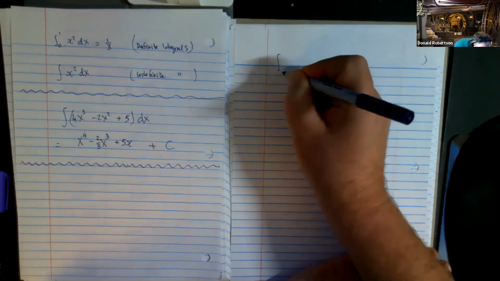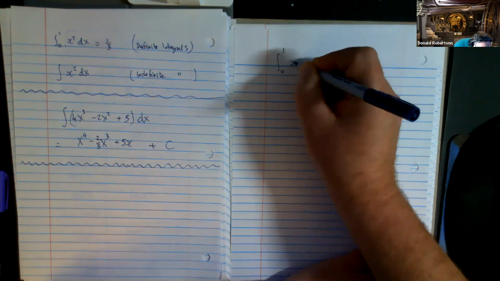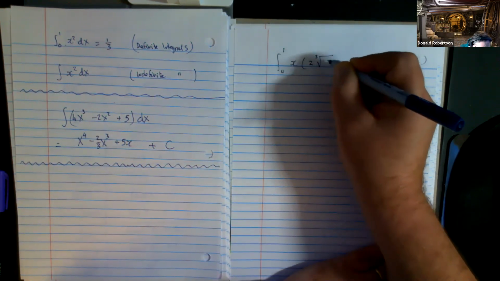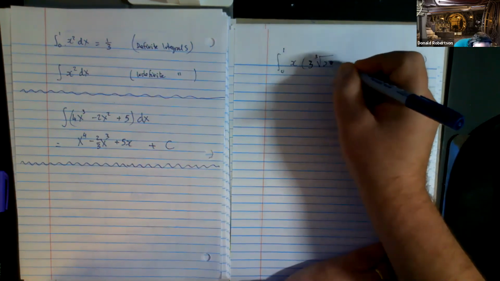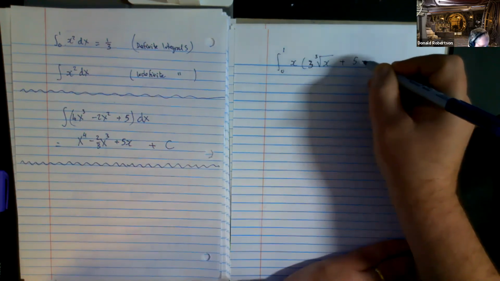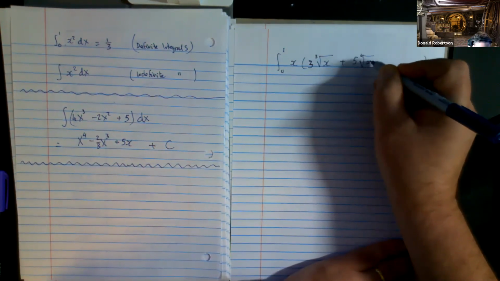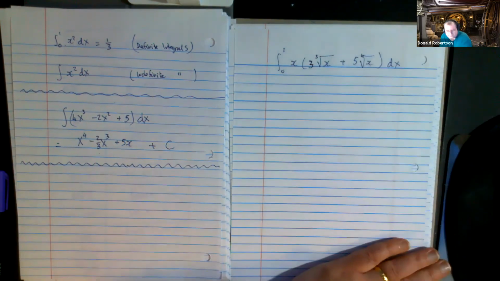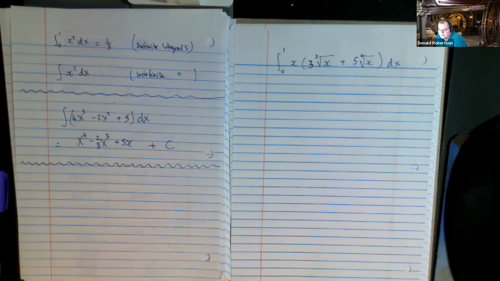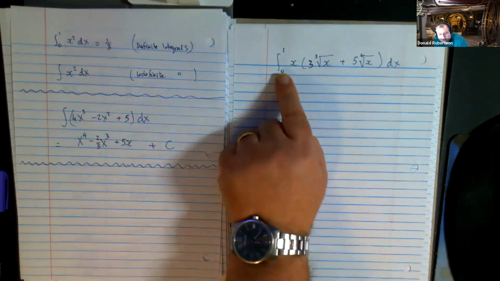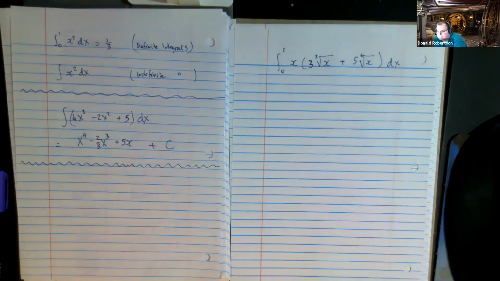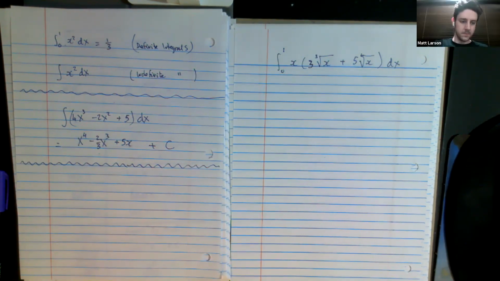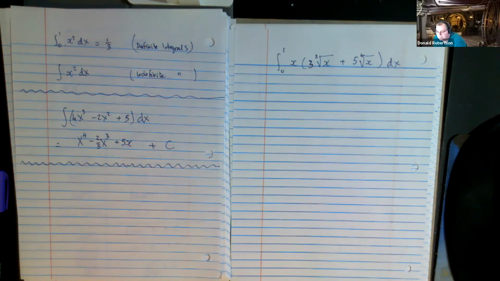It's the integral from 0 to 1 of x (3 cube root of x) plus 5 4th root of x dx. And that question has kind of both things happening. Are we looking at a definite integral or an indefinite integral here? Definite. Right. So when we're finished, shouldn't the answer be 17 thirds or something? It should be a number.